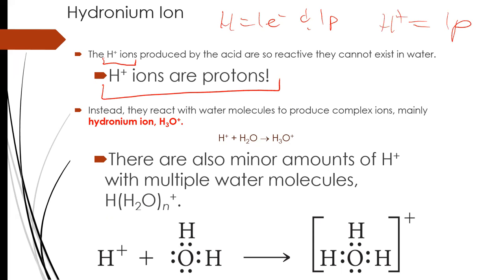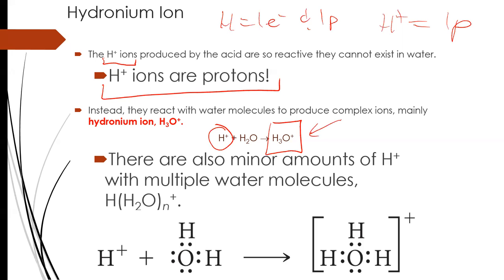Now, this means that they're really reactive because everyone could use a proton. It's a lot of charge, and it's got no shielding of electrons in there. And so when it's moving around in water, we find out that it readily reacts with water molecules. Instead of being H plus, it's bopping around in there as this hydronium ion, H3O plus.